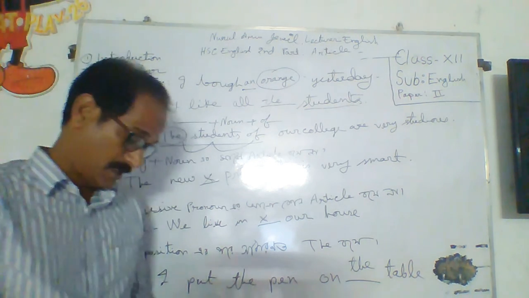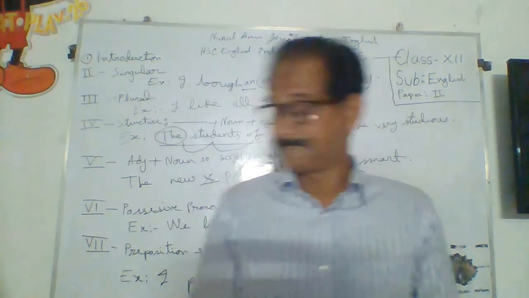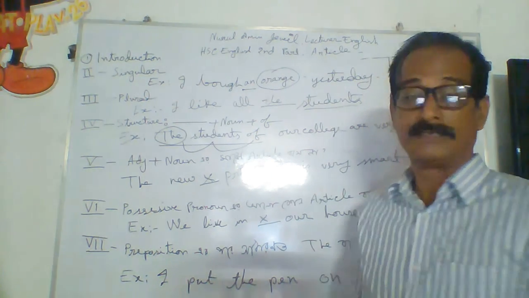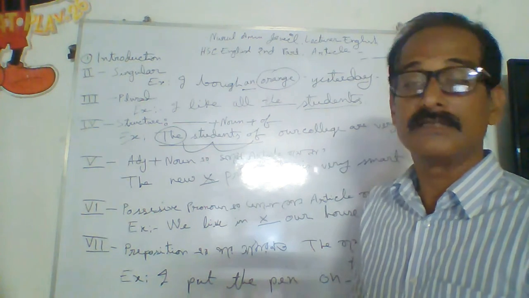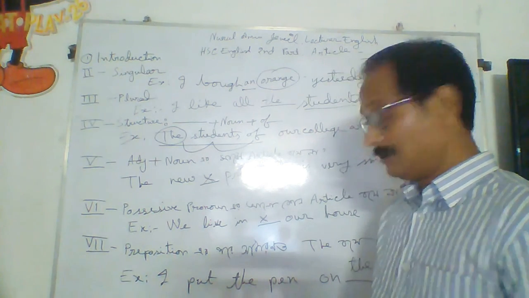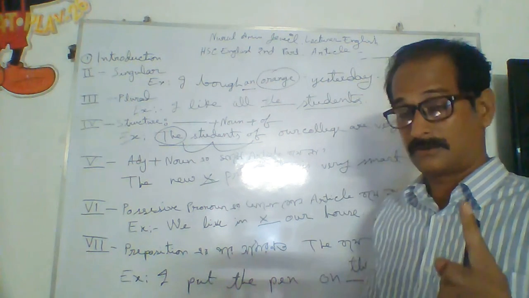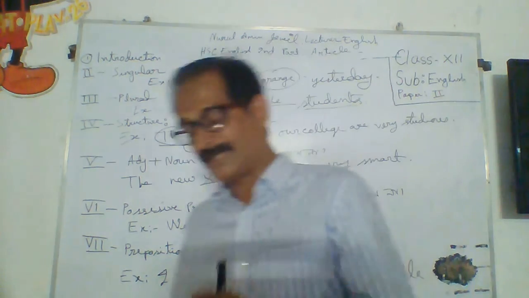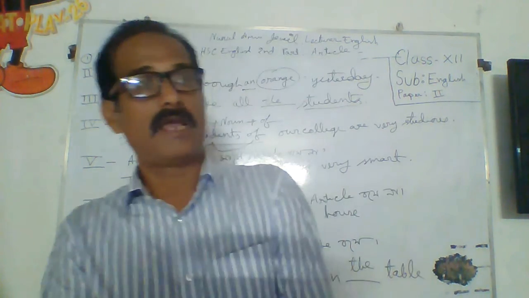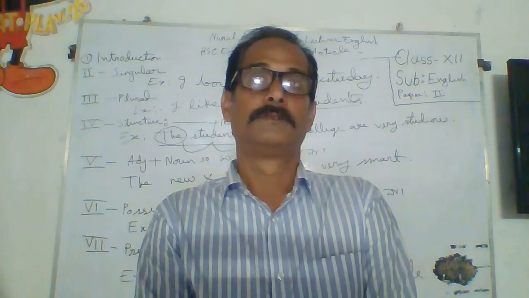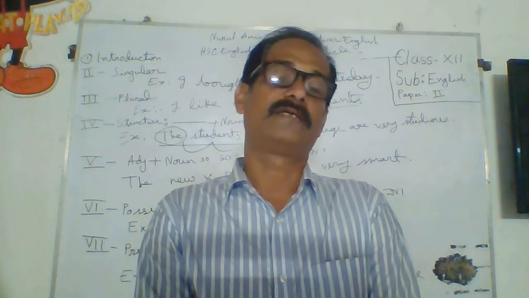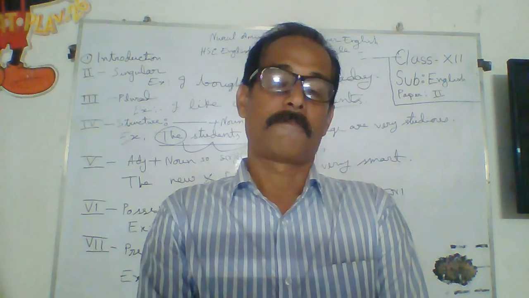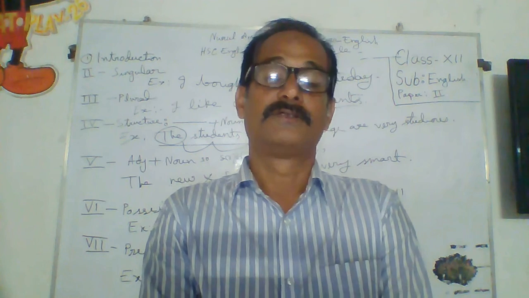However, I should discuss one more thing. The definite article the denotes a possessive pronoun. When we say I have a cow, my cow is black in color, my cow has four legs.